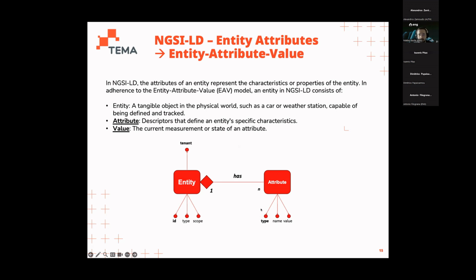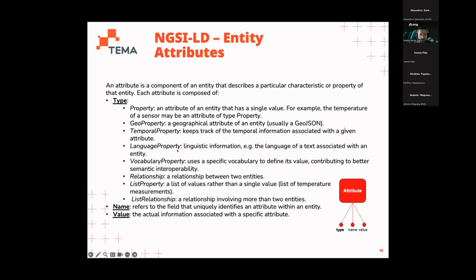The type is the type of the attribute. As we can see here, NGSI-LD context broker supports different types of attribute. A property, if this is a simple property for an entity, a geoproperty. If a specific attribute is, for example, a location, a GeoJSON, this is a geoproperty. Or a temporal property. If we have a date time, for example, or a date, we have an attribute that is a temporal property type. The language property and so on, we can have different types of property and they are listed here.